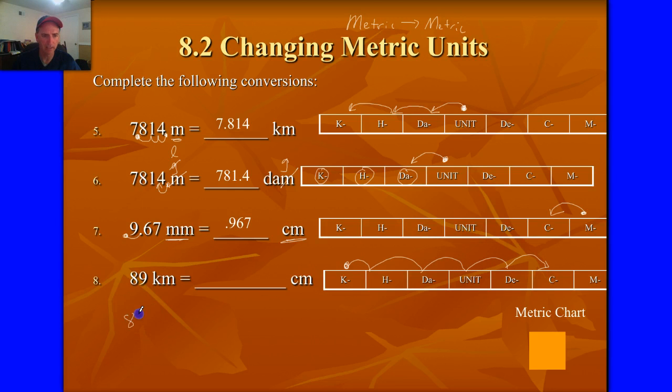You've got 89, and you're going to move the decimal 5 places: 1, 2, 3, 4, 5. Plug in your filler values of zeros, so we should have 5 zeros. There it is: 8.9 million centimeters is what 89 kilometers is equal to. Again, metric to metric is the only time you can do that trick.